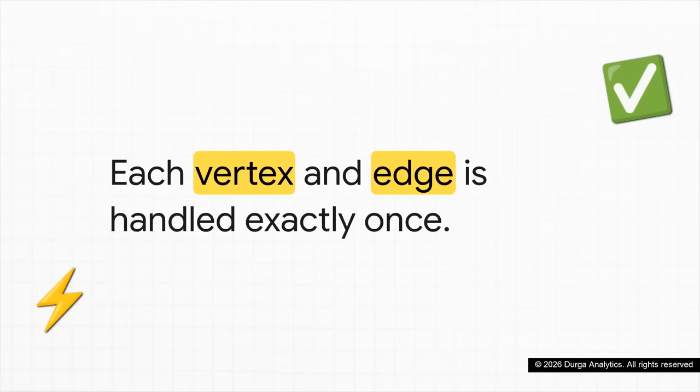Furthermore, every edge is examined exactly once as we look at neighbors. Because of that, the total work is strictly proportional to the actual size of the graph itself, the vertices plus the edges. You really can't realistically get any faster than this when exploring an entire graph structure. They differ entirely in their exploration order, but definitely not in their total computational cost.